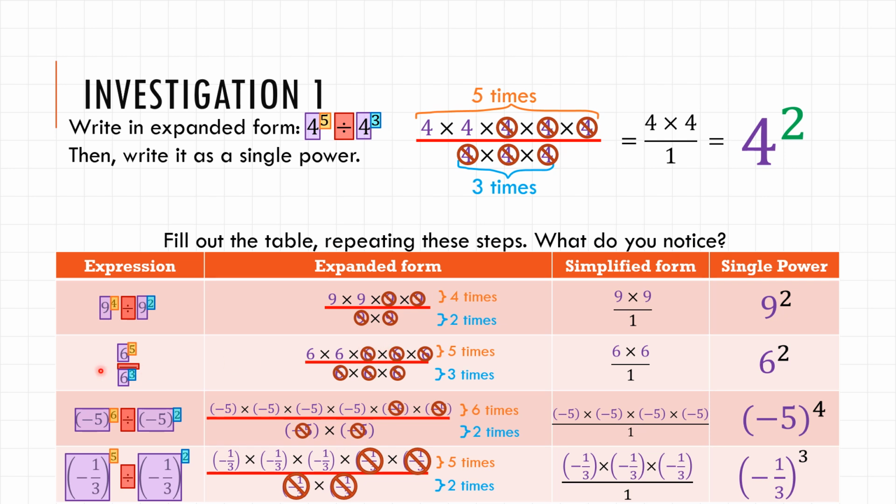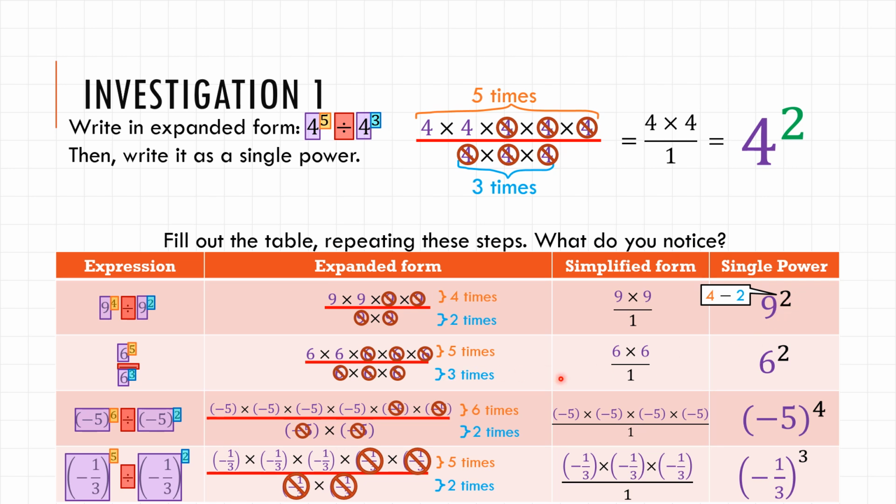What did that mean in terms of our expressing of this as a single power? See if you notice anything here. And if you're looking really closely, you might notice that over here we had 4 9's, and here we had 2. So if we're removing 2 from the top here, we can always take 4 and subtract 2 of them, and that would give us 2 9's left over.